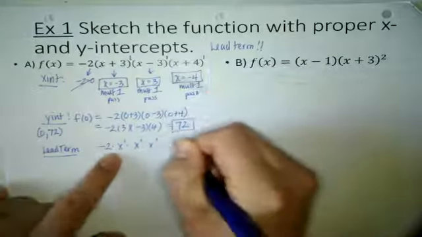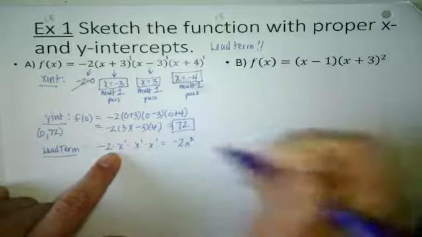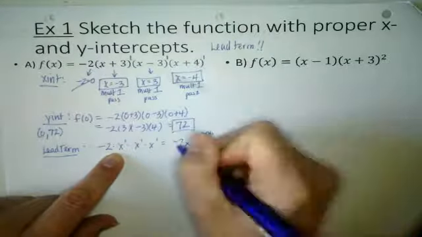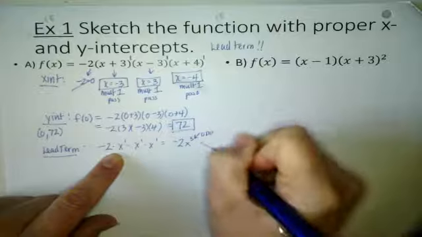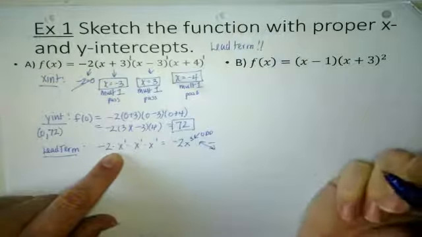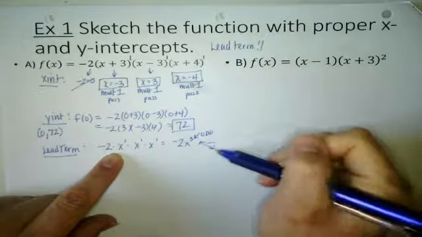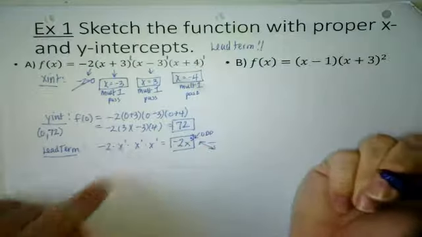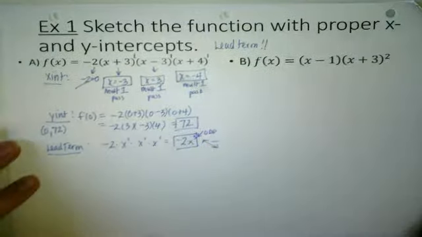And so that's going to give me -2 x to the third. So I see that I have an odd power, and it's negative, which means it's going to go downhill from left to right. So it starts high on the left, and we're going to end low on the right. So that's important to know as well. That tells me where to start and where to end.